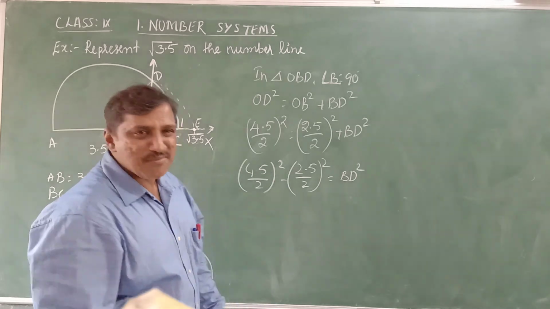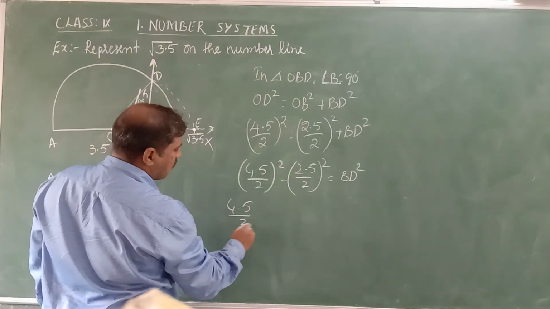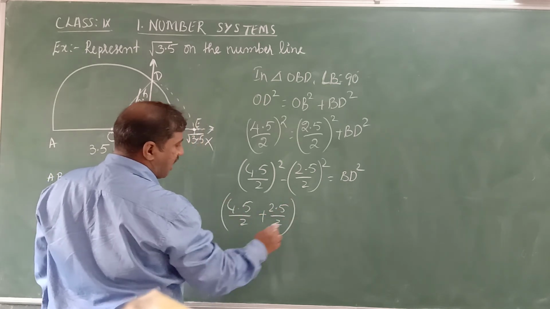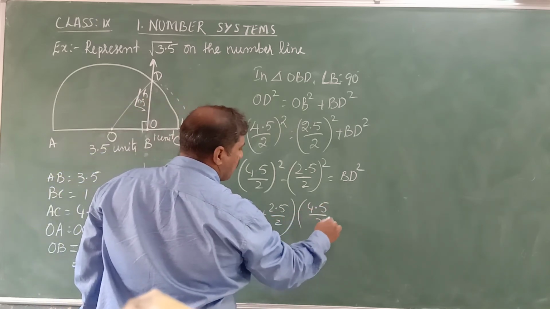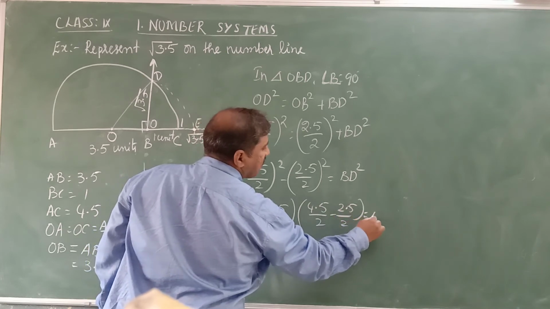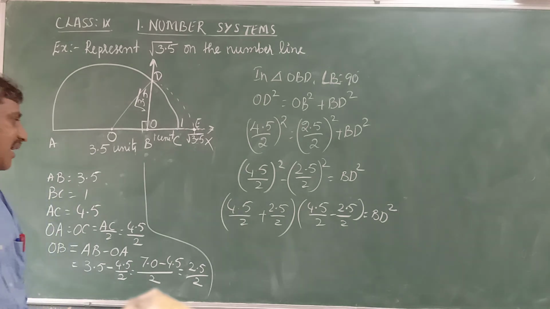That is A plus B into A minus B, which is 4.5 by 2 plus 2.5 by 2, into 4.5 by 2 minus 2.5 by 2, that is equal to BD square.